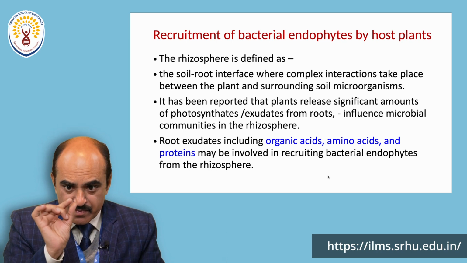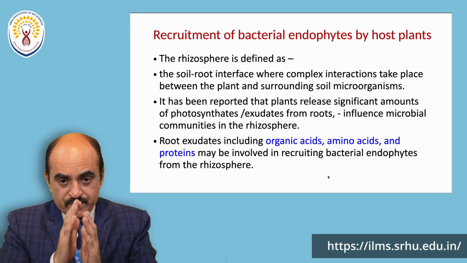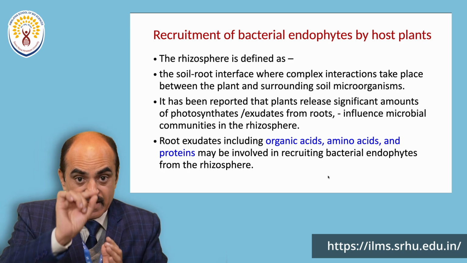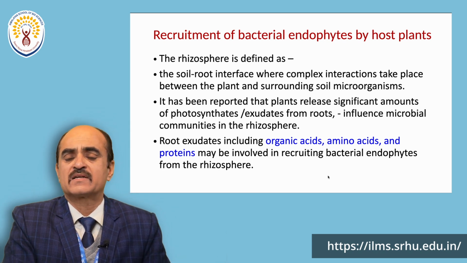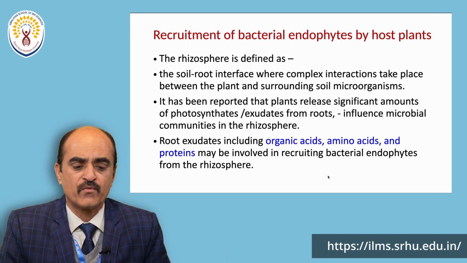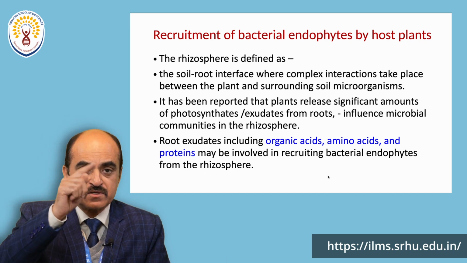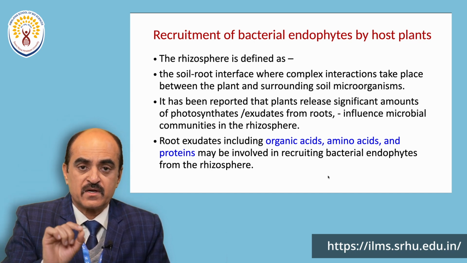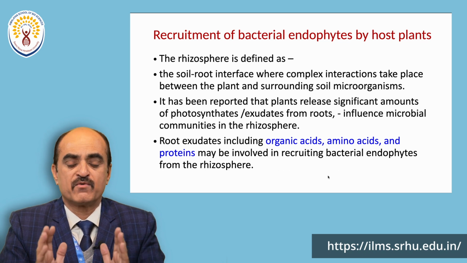So, the immediate part after the rhizoplane, when the root exudates are secreted by the roots, that soil region is enriched with photosynthates. And these photosynthates contain a lot of nutrients in the form of organic acids, minerals, amino acids, proteins, carbohydrates, etc. Because of this rich region, the rhizosphere region contains a lot of microorganisms, even we can say a diversity of microorganisms.